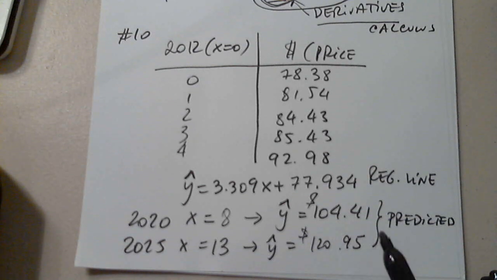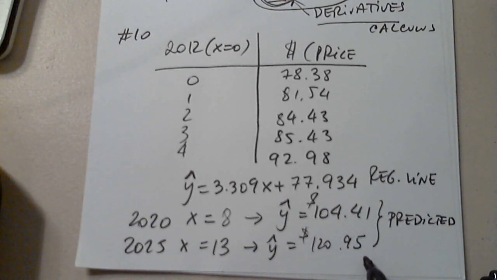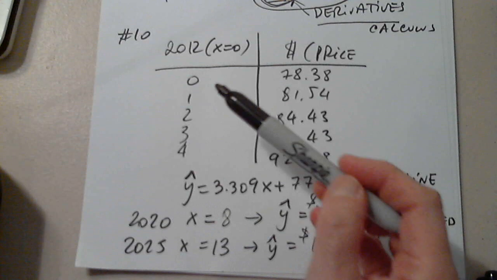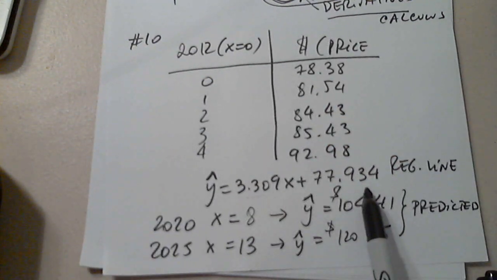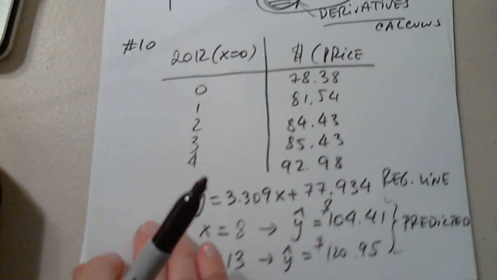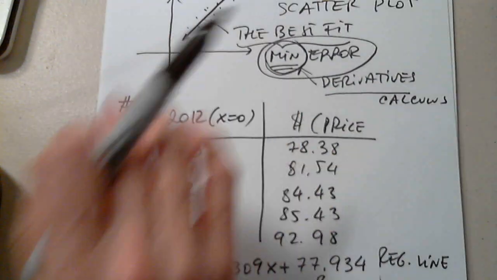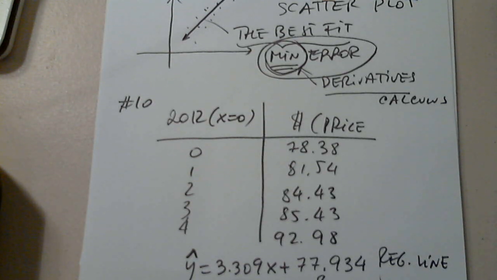Will they be exact? No. Unlikely. But close. Will they be close? I don't know, because this is kind of far out from the data. If somebody says this trend will continue, then these will be close. Any questions about 6.4? That's all you're asked to do.